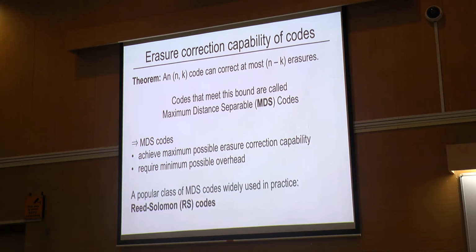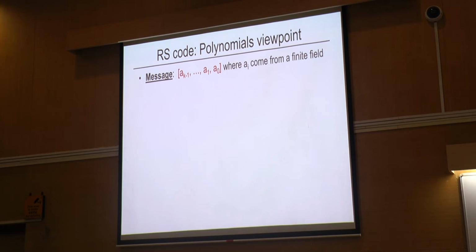A popular MDS code that we will see at various points in the tutorial today, and that is also widely used in practice, is called Reed-Solomon codes. In various applications, including communication, storage, and computing, Reed-Solomon codes are widely used. We'll take a very brief look at what Reed-Solomon codes are, because we will come back to them at a later point in the tutorial.